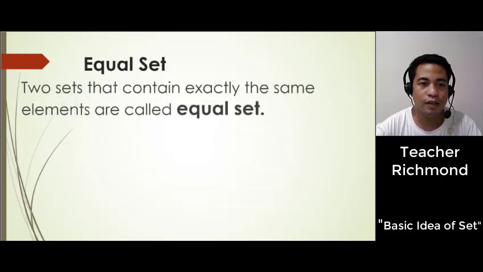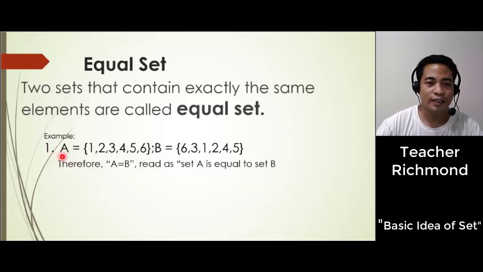Next, equal sets. Two sets that contain exactly the same elements are called equal sets. Example number 1, set A and set B. Are they equal sets? Yes or no? Yes. Why? Because if you take a look at the elements of set A, we have 1, 2, 3, 4, 5, 6. What about in set B?